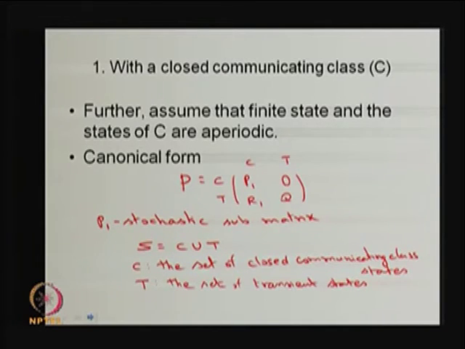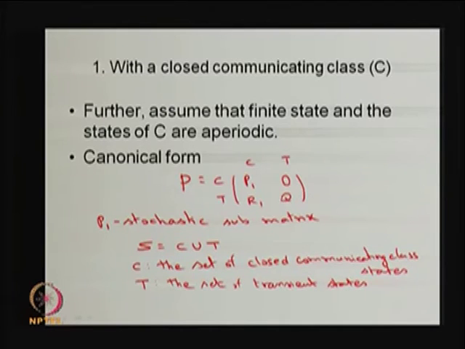Whatever the states in the closed communicating class, I am making them aperiodic. Aperiodicity is important to study the stationary distribution. So, this state space is the collection of the transient states as well as one closed communicating class. Therefore, I am making two notations, C and T. C is the set of the closed communicating class, only one, and T is the set of all transient states. Therefore, the state space S is going to be C union T.